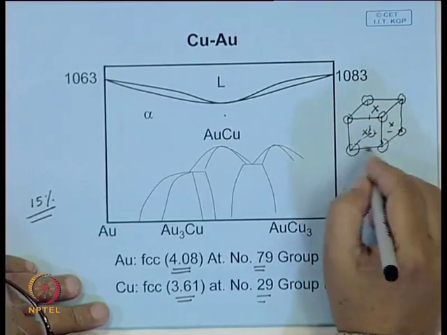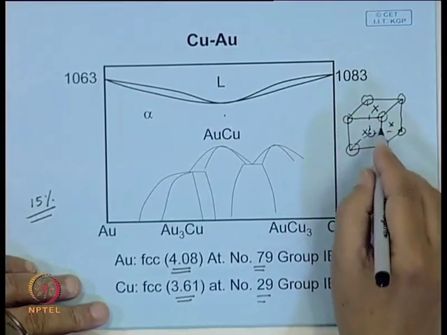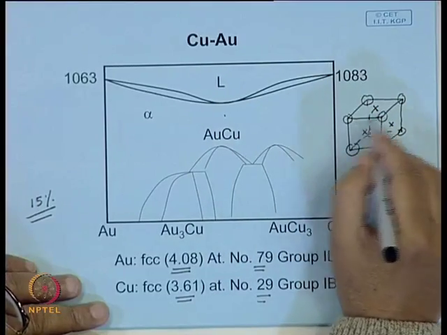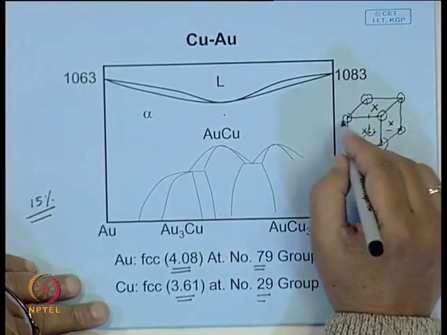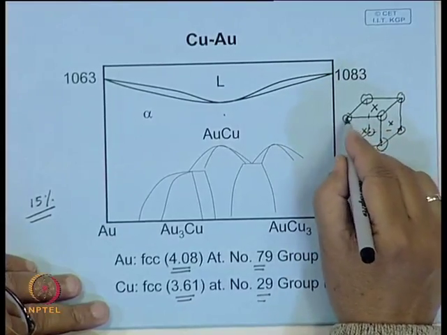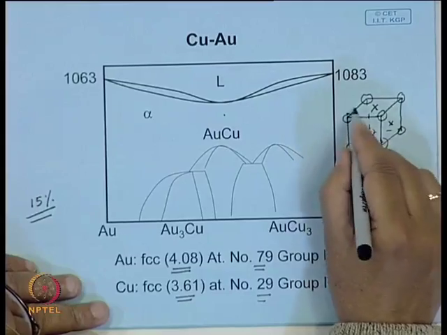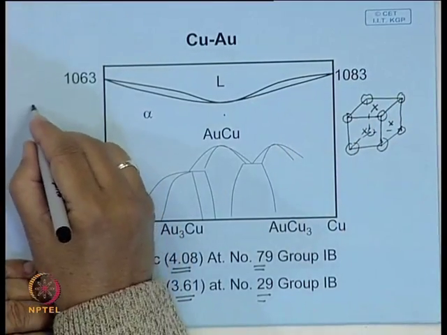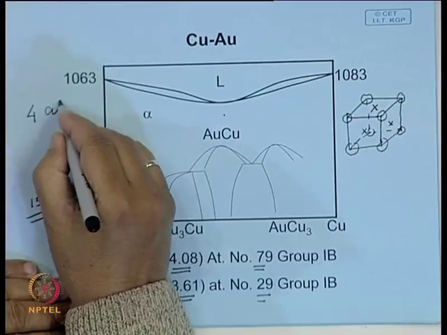There are 6 faces, so 6 face centered atoms and there are 8 corner atoms. Now, these atoms do not belong solely to this unit cell, and we know that in the face centered cubic structure there are 4 atoms per unit cell.